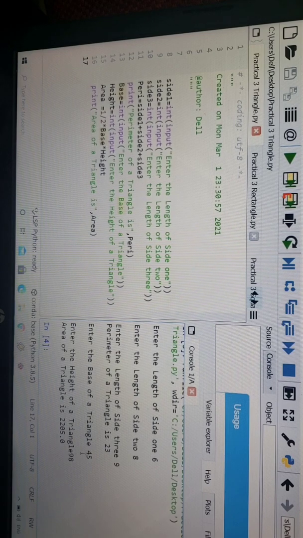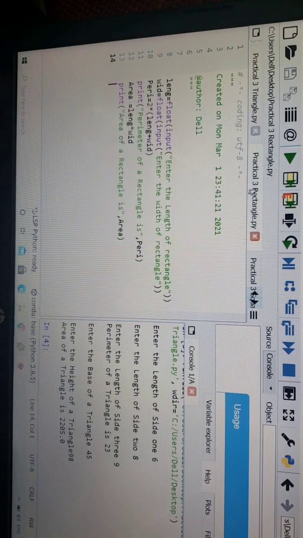Now next is to calculate the same thing for the rectangle. So again we have to put a simple formula for rectangle. We all know to calculate the perimeter of a rectangle we need to multiply length plus width by 2, and then we can get the perimeter. If we want to get the area, then we have to simply multiply length into breadth or width, whatever it is.